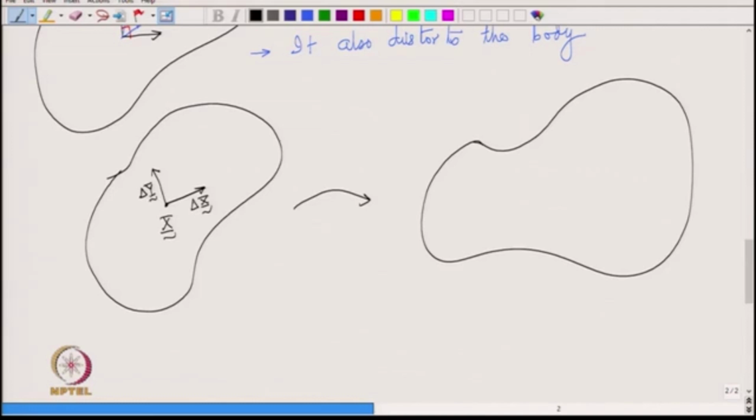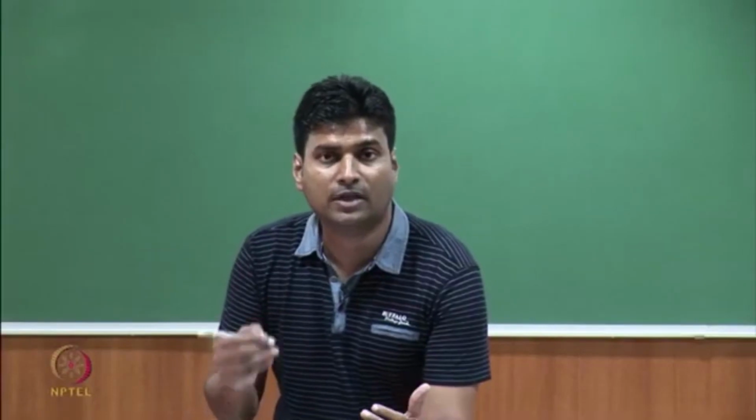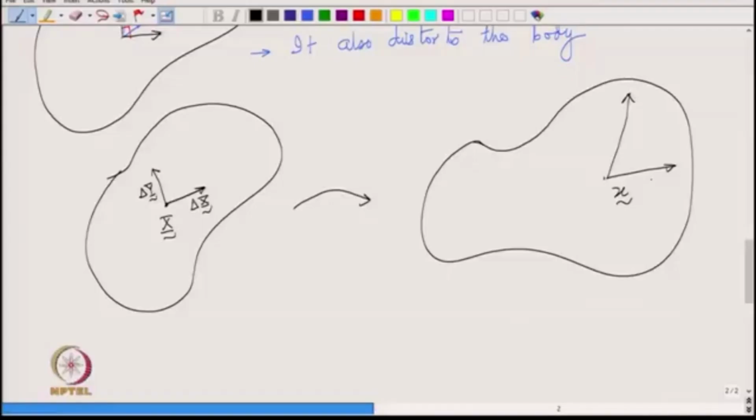After deformation the big X goes to small x, and the two line elements can also stretch. So, the length of the line elements can change of course, and the angle certainly can also change, but here we are interested in measuring the angle. The first one is delta small x and the second one is delta small y.